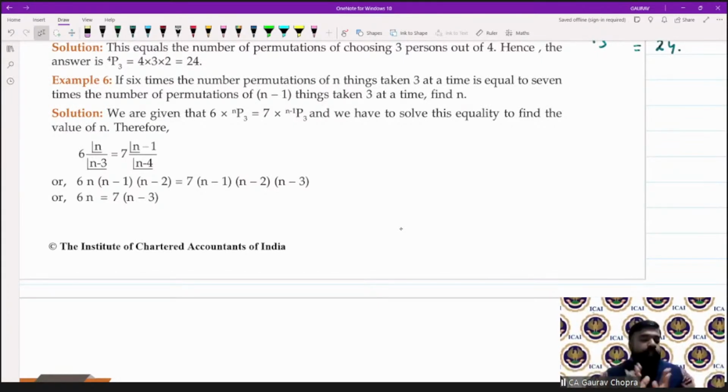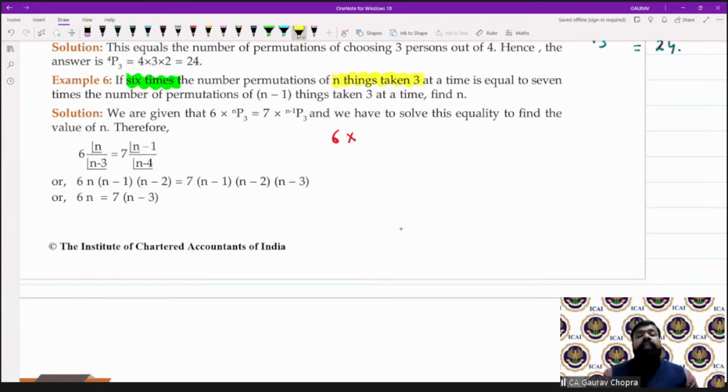Let's break it into different parts. The first part is 6 times. Whenever 6 times is there, that means we have to multiply by 6. Now multiply with whom? The number of permutations of n things taken 3 at a time.